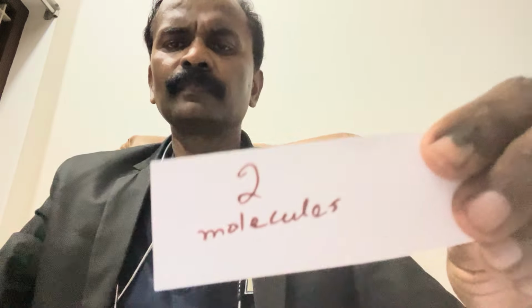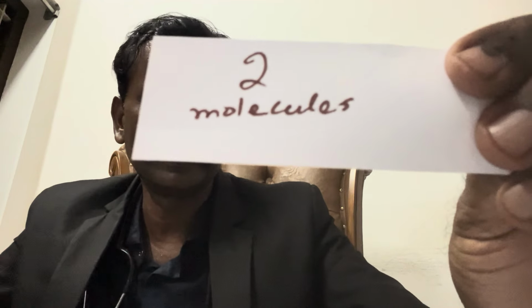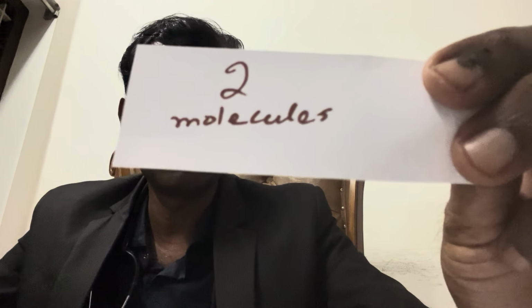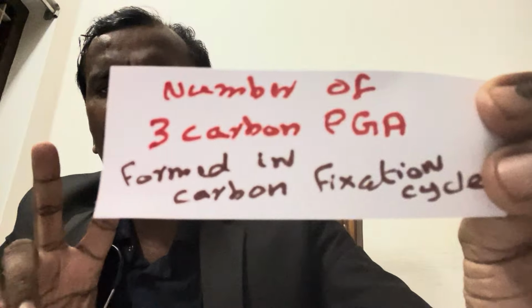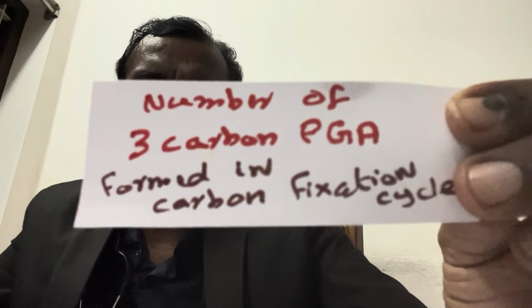Okay, can you frame a question for these two molecules? It is the number of 3 carbon PGA formed in carbon fixation cycle.